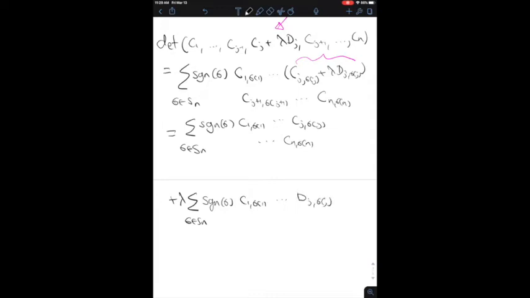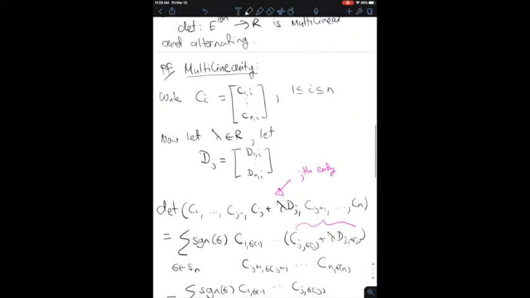And now this is the jth entry. All other entries are unchanged from the determinant of the matrix C.